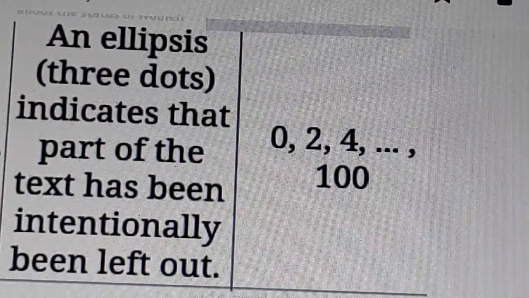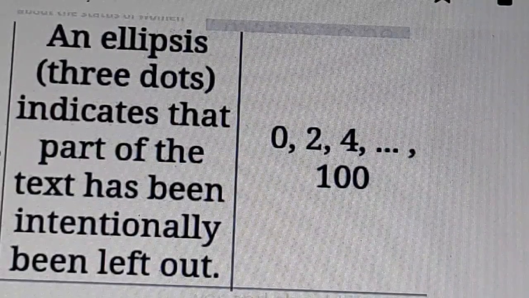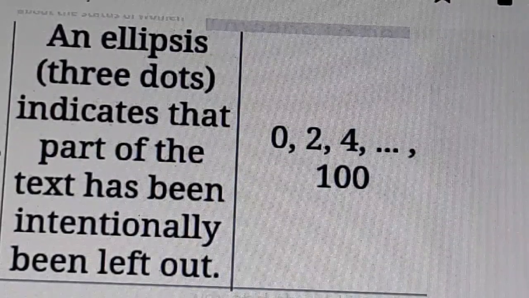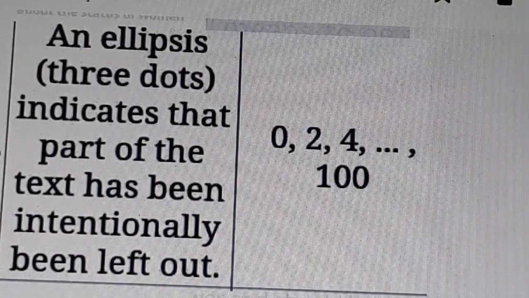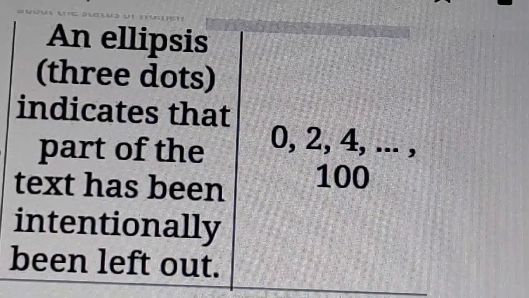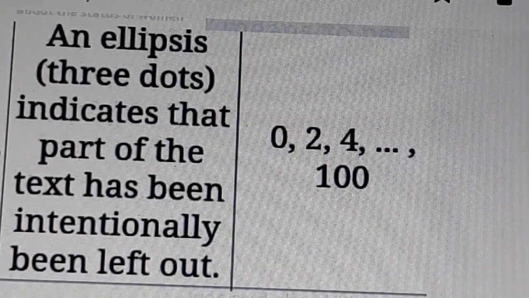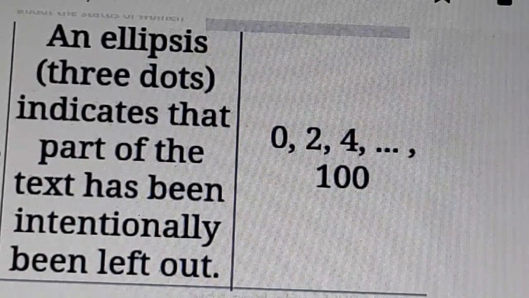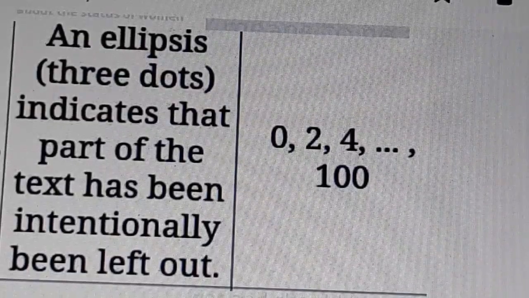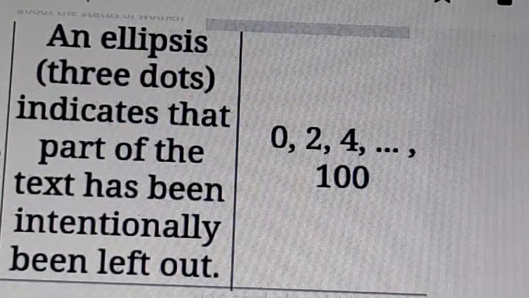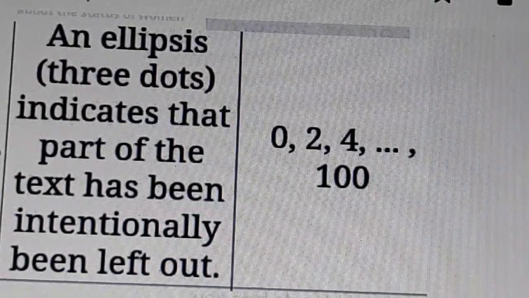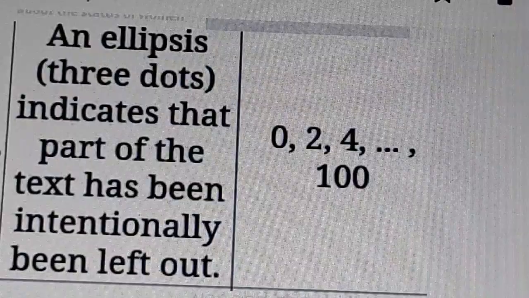Example, 0, 2, 4. Here even numbers are written. We didn't write all the even numbers, so we put there 3 dots.